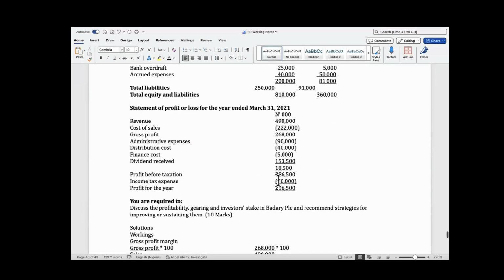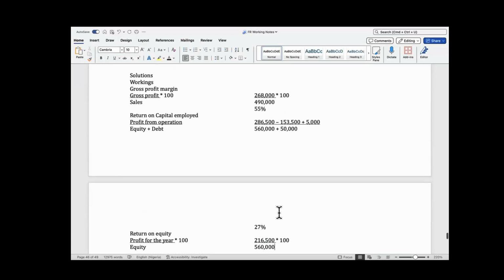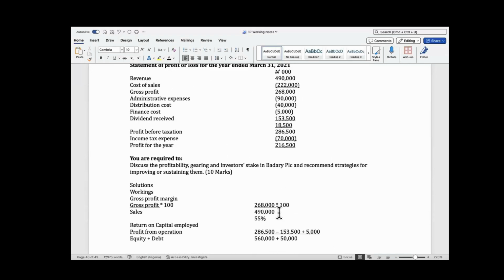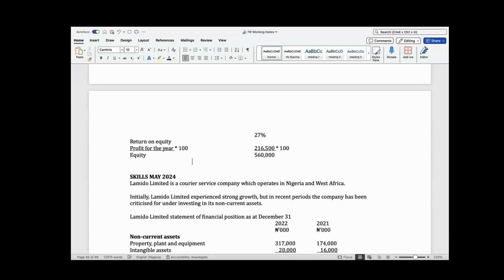My profit for the year is 216,500. For the profit from operation, the 153,500 was the dividend received, and the 5,000 was the finance cost. So how much is this?